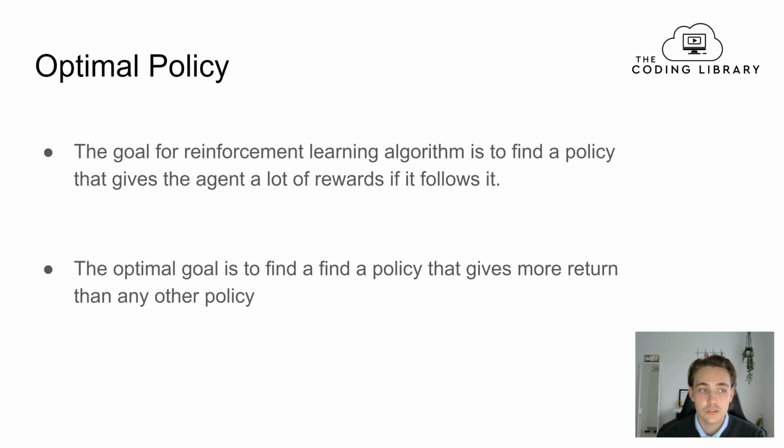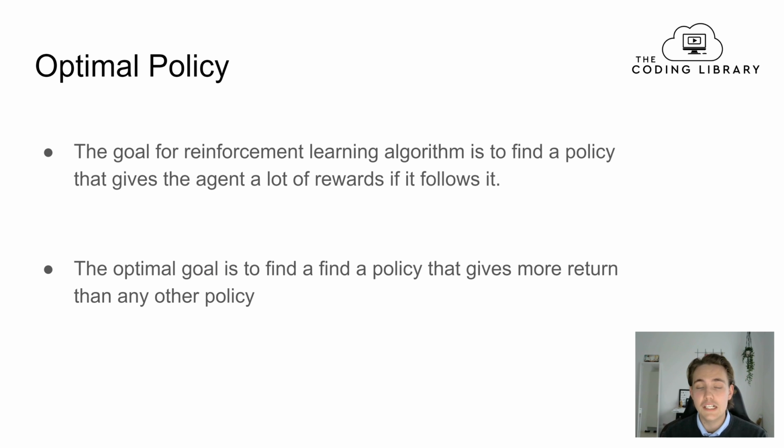We can also talk about the optimal policy, as I showed you with some of the value functions. The goal for reinforcement learning algorithms is to find a policy that gives the agent a lot of rewards if it follows that policy, and more return than any other policy.